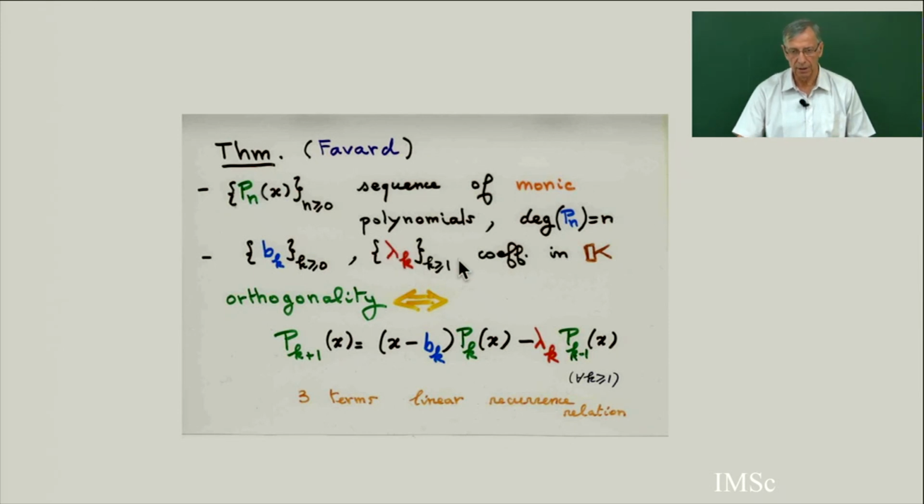And for orthogonality, lambda_k should be different from 0. I have not written this here. So I take lambda_k non-zero coefficients, and if the polynomials are a sequence of orthogonal polynomials, then there exists a pair b_k, lambda_k such that you have this famous three-term linear recurrence relation: p_{k+1} = (x - b_k) p_k - lambda_k p_{k-1}.